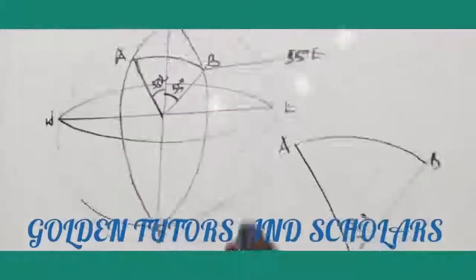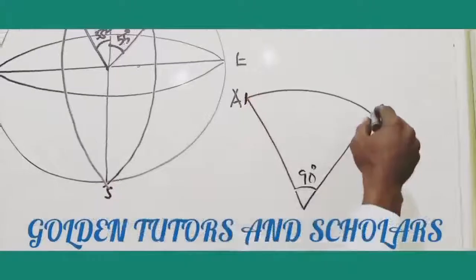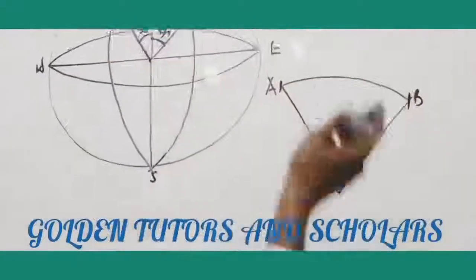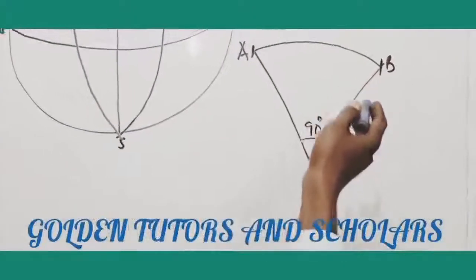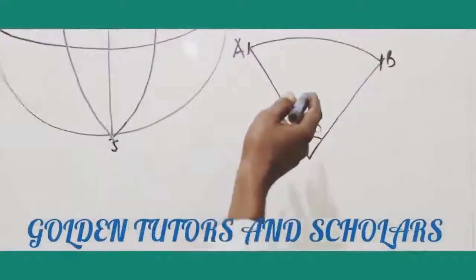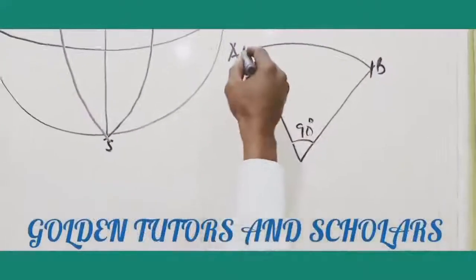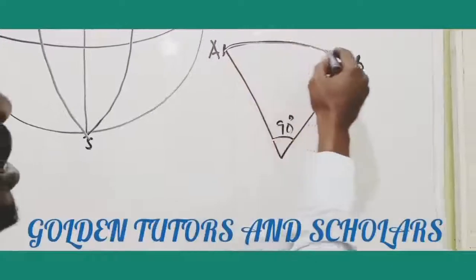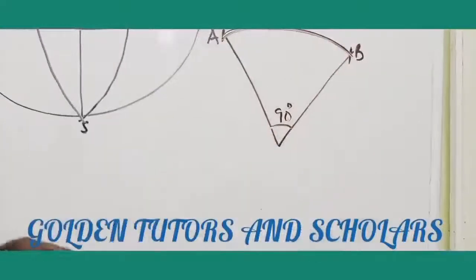If we are asked to calculate the distance between towns A and B along the great circle, it is the same as saying calculate the length of this arc AB.